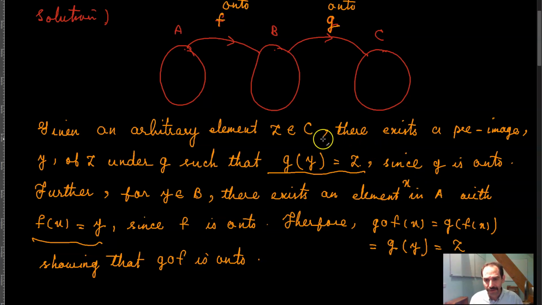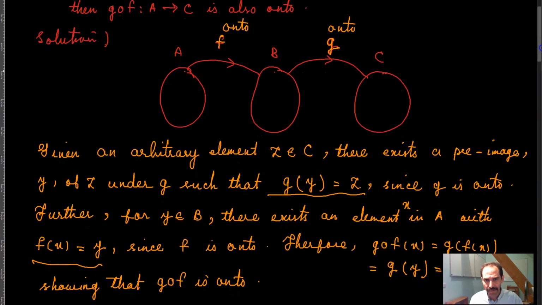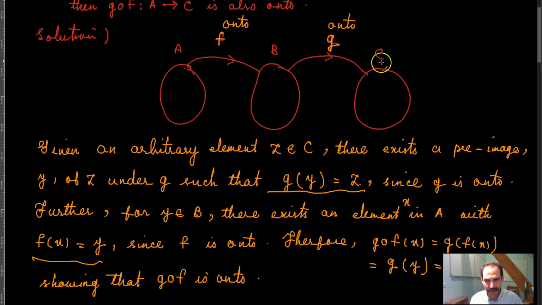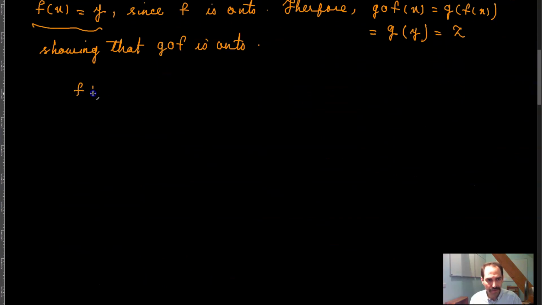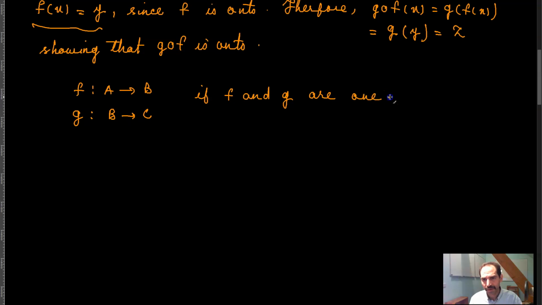So far what we have learned is that if we have a set A, a set B, a set C, and if f is a function from A to B, and g is a function from B to C, and if f and g are one-one, then g o f is also one-one.